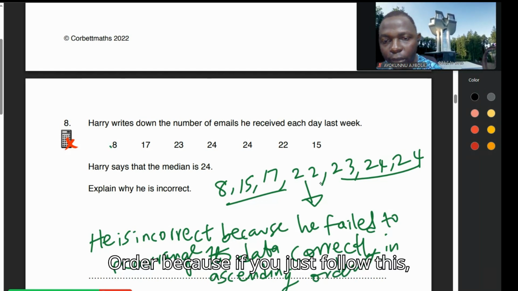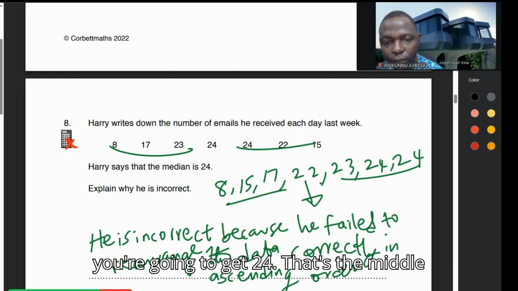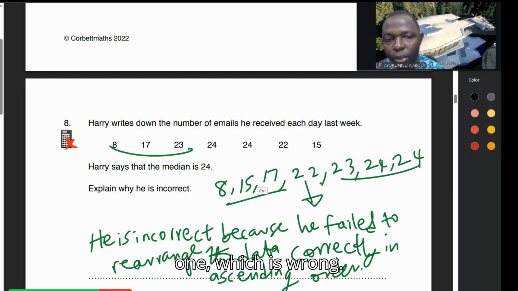Because if you just follow this, you get 24 as the middle one, which is wrong.